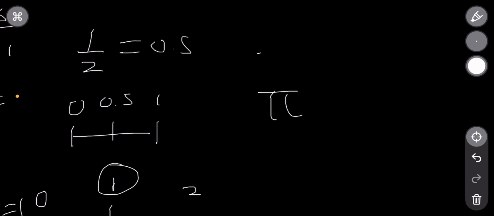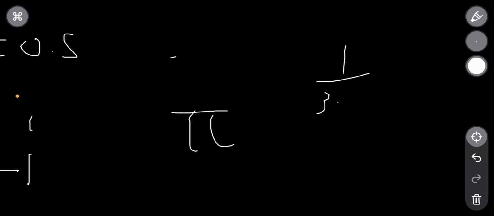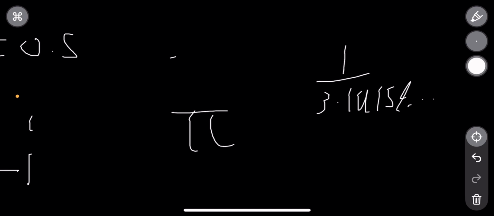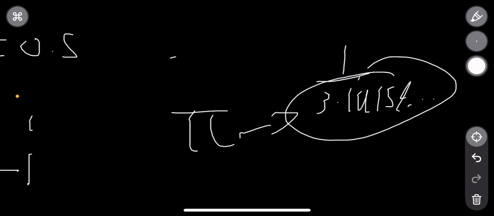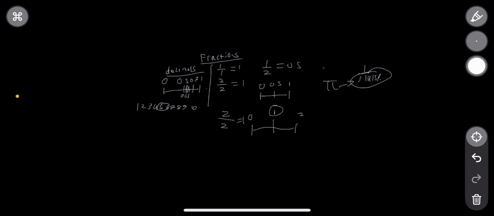Pi is probably a bad example because you never really express it as a fraction, but it is a fraction. 1 over 3 point dot dot dot. That is pi. Okay. Nope. I hope you understood this well.